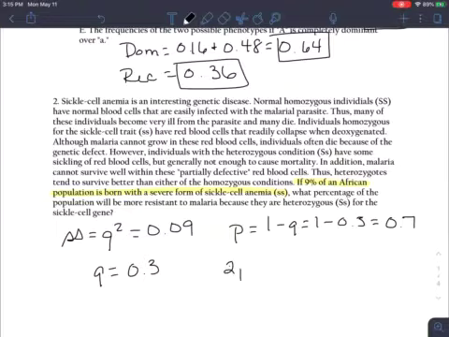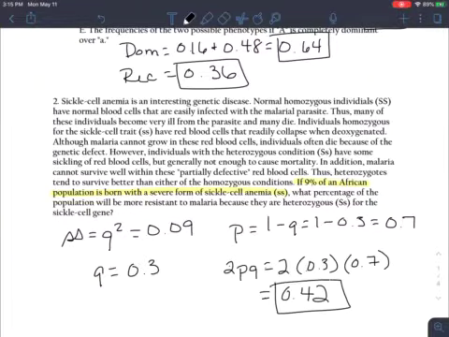So 2pq, which is my heterozygous population, is 2 times 0.3 times 0.7, which is going to be equivalent to 0.42, which is my final answer, okay, that they are more resilient to malaria because of that.